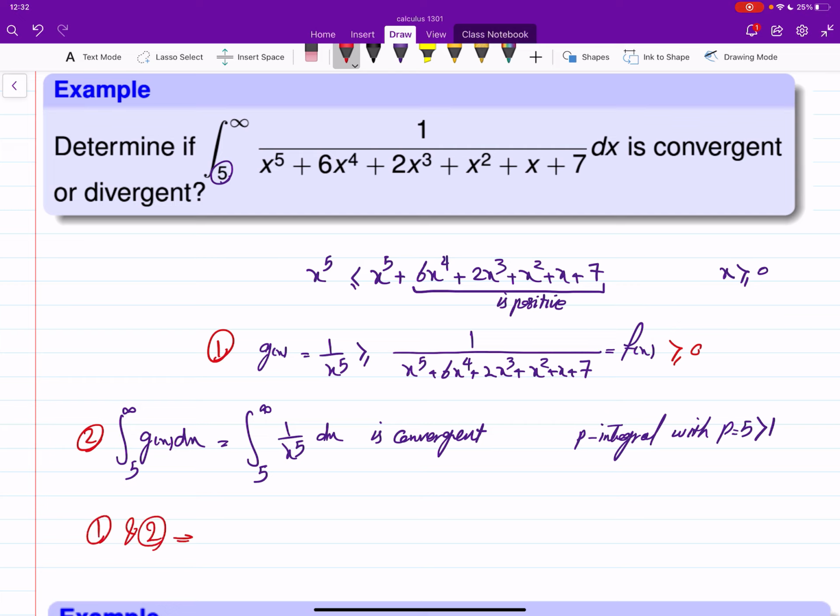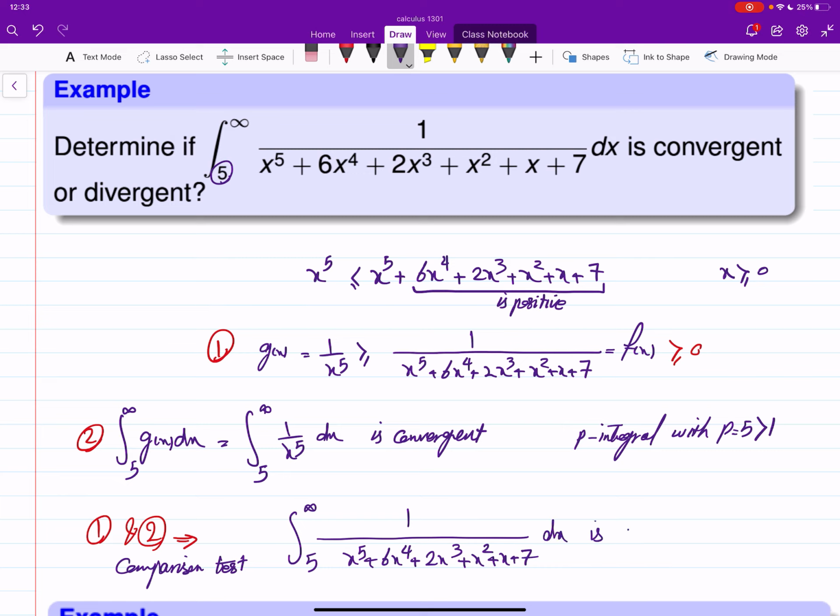So as a result, by the comparison test for improper integrals, the integral from 5 to infinity of our function is going to be convergent, without integrating or going into any trouble of doing anything with that rational function.